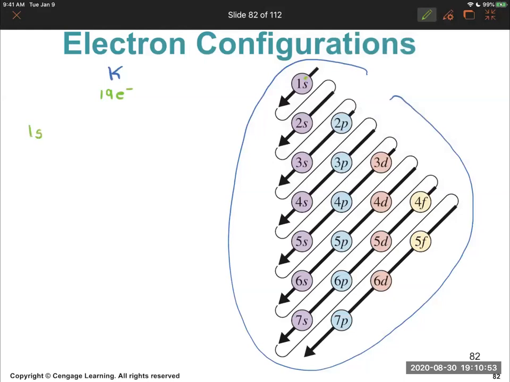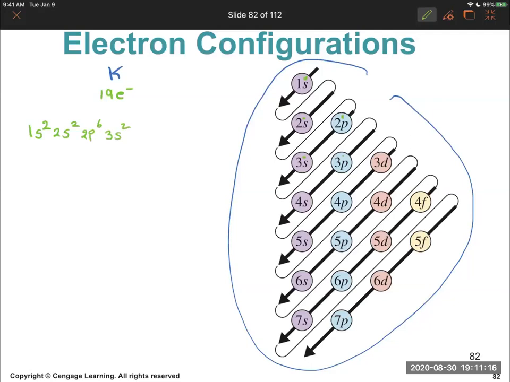1s, and how many can you put in s? 2. Then you go to 2s2. Keep counting how many electrons you have so far: 4. Then you go to 2p6. So you have 10 so far. Then 3s2, so you have 12.